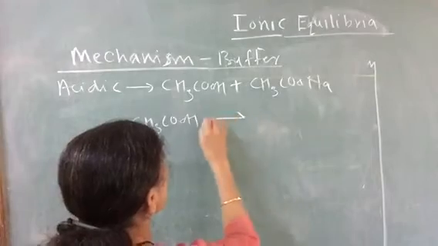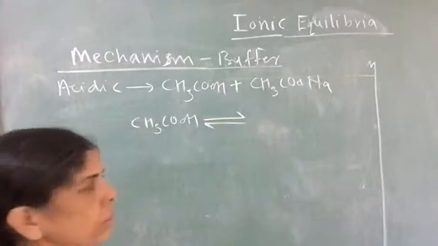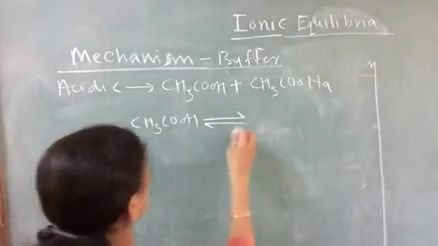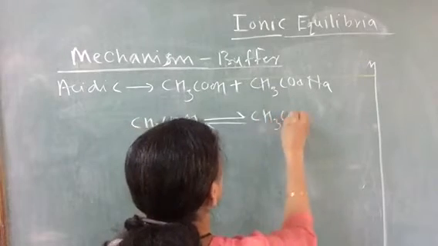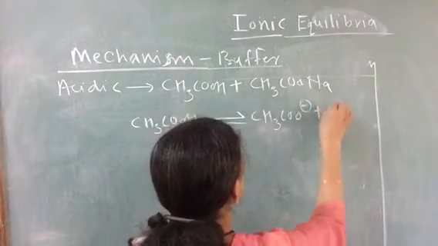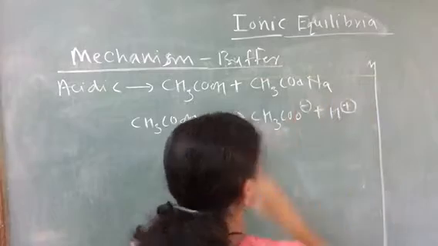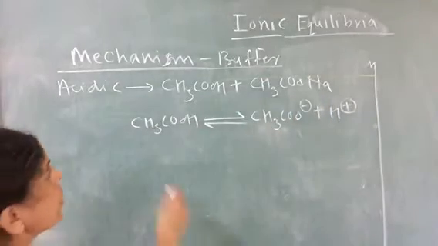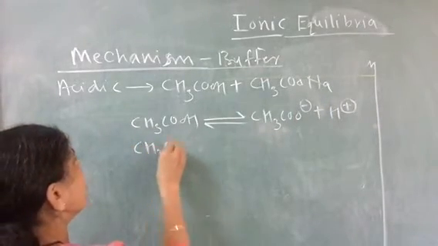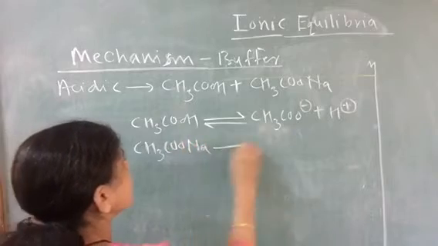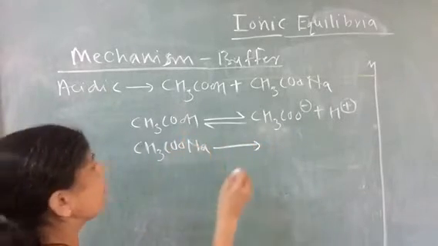Acetic acid is a weak acid, therefore it will ionize to a small extent, so we will have equilibrium between the ions and the undissociated molecules. Sodium acetate, a strong electrolyte, will ionize completely.